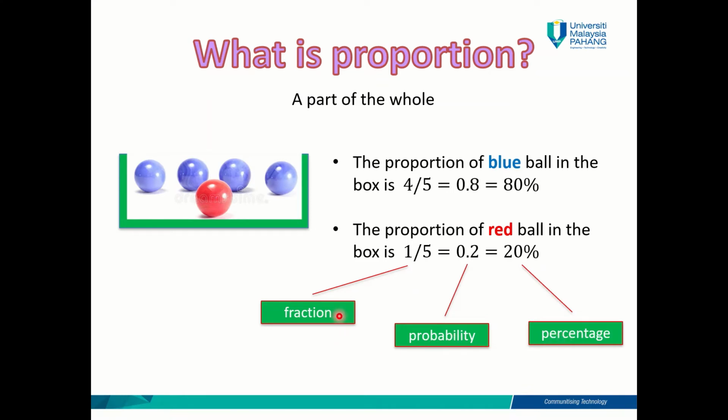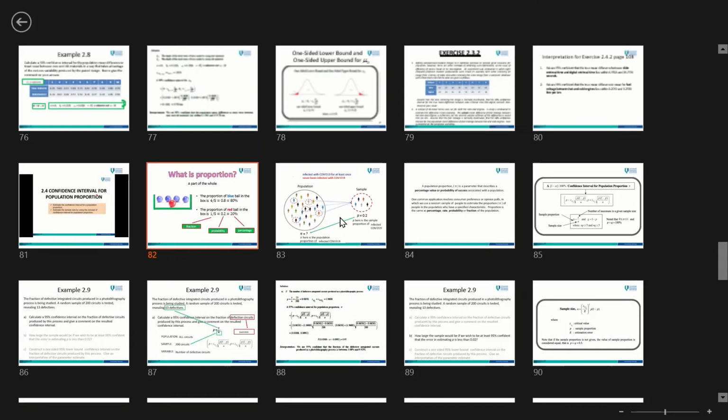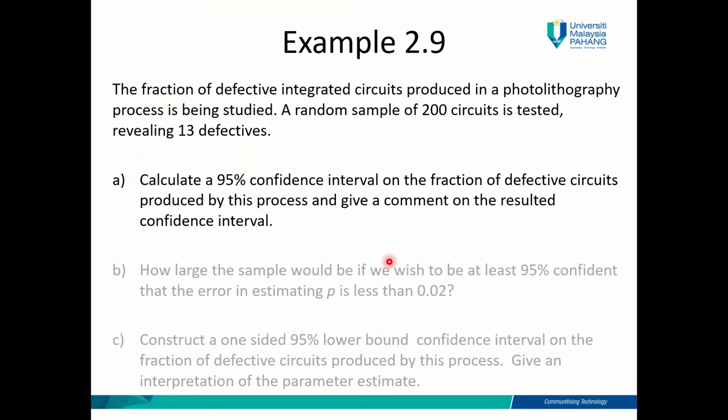So if you see the word fraction in the question, that is also equivalent to proportion. And same goes if you see percentage in the instruction, it also means proportion. So basically the instruction is for you to find the confidence interval on the proportion of defective circuits.